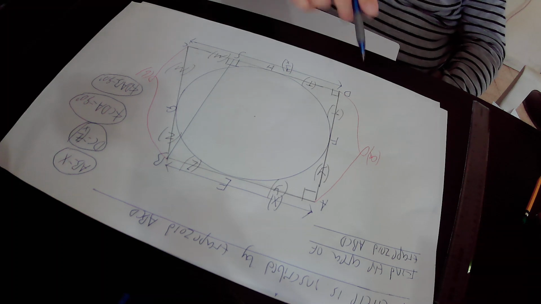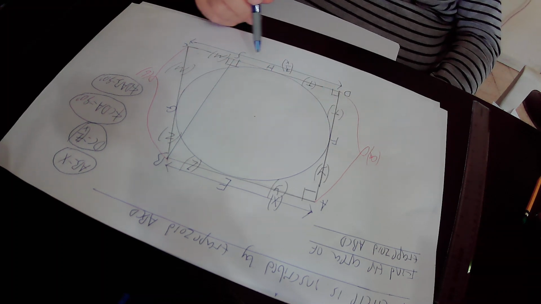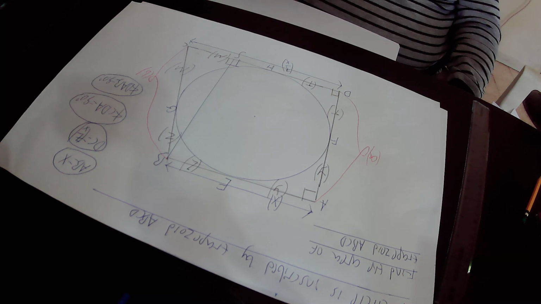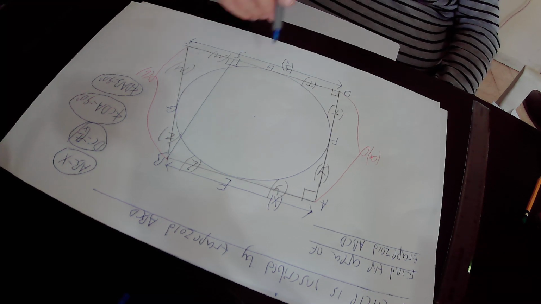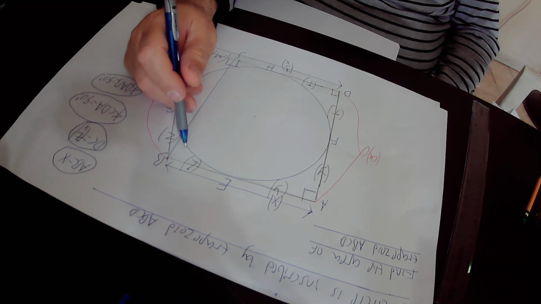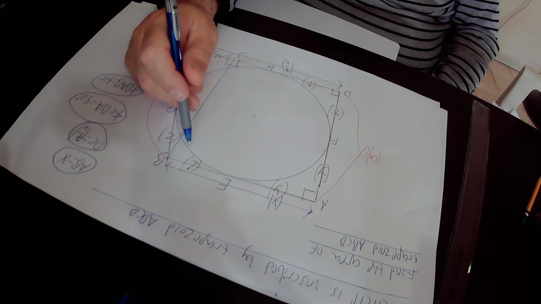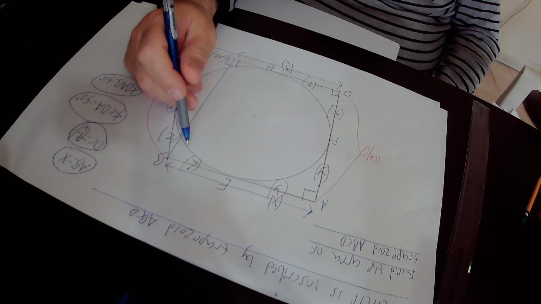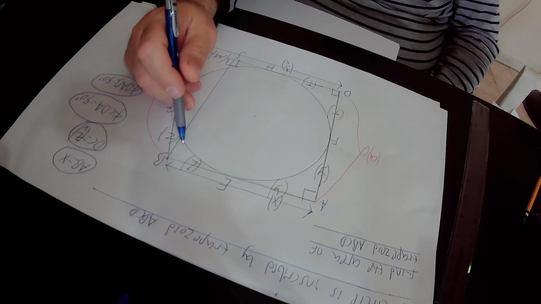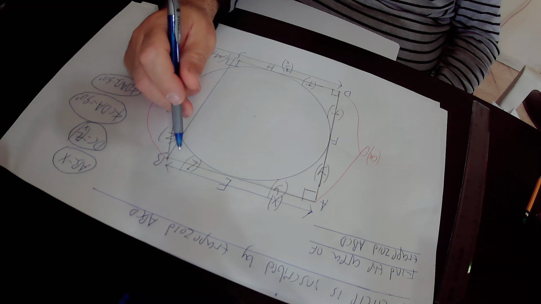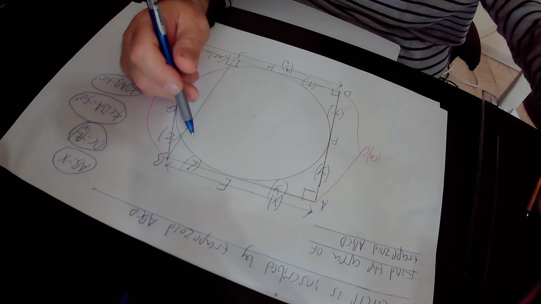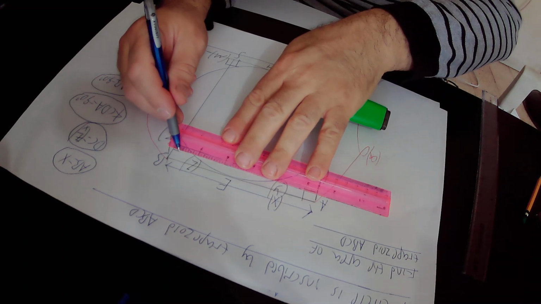Inside this quadrilateral ABSD, we have 1, 2, 3 right angles. The sum of 3 right angles is 270 degrees. So 270 degrees plus the size of this fourth missing angle must be equal to 360 degrees, according to the rule that the sum of the angles in any quadrilateral is 360 degrees. Therefore, this fourth missing angle must be equal to 90 degrees.